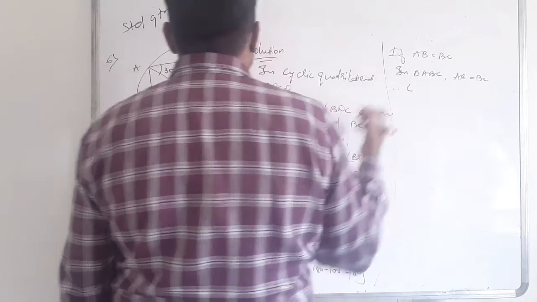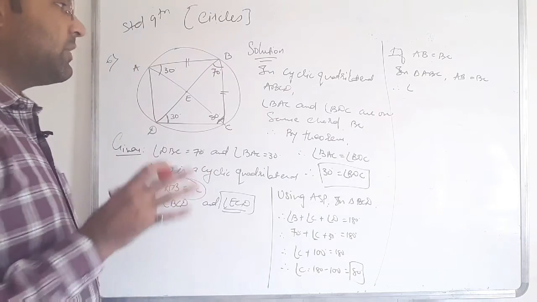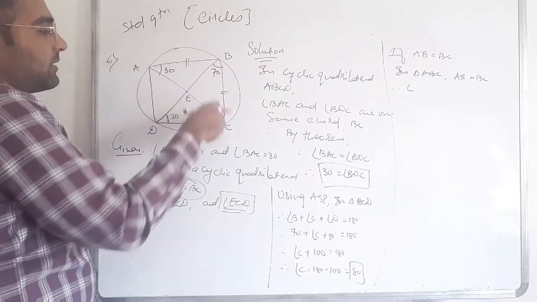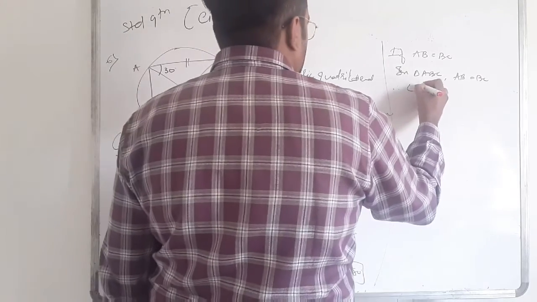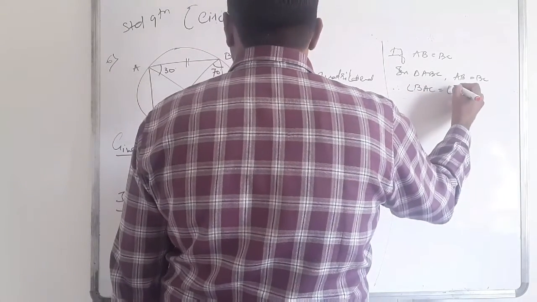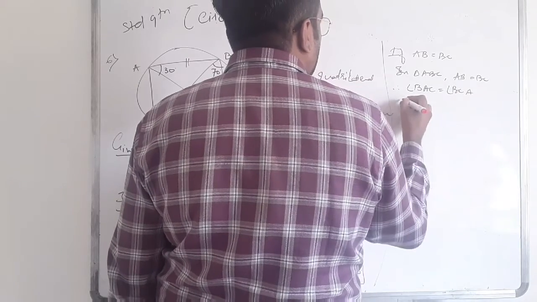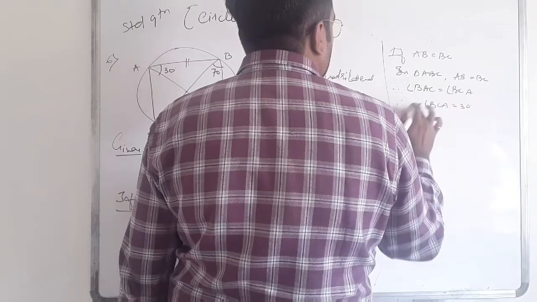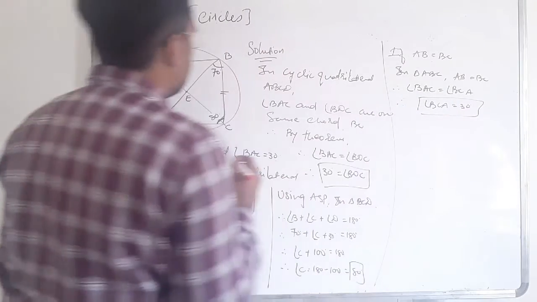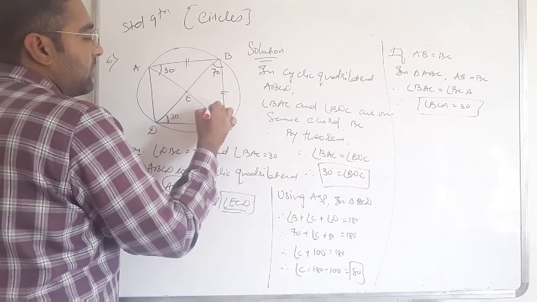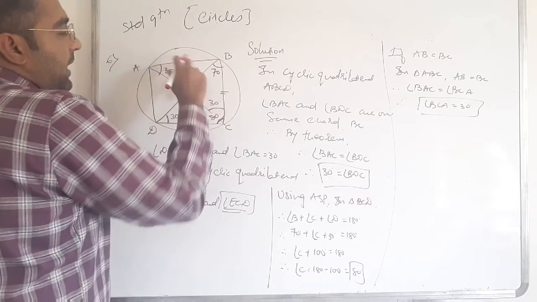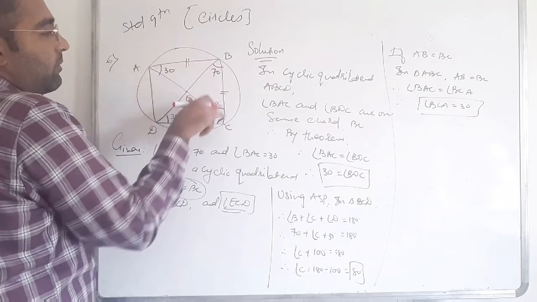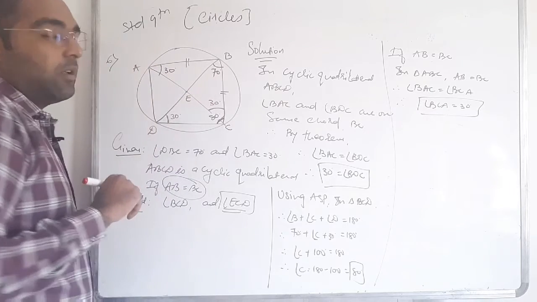Therefore, if sides are equal, then their opposite angles are also equal. That is, BAC is equal to BCA, both of them 30 degrees. So angle BCA equals 30 degrees. In an isosceles triangle, if two sides are equal, then their opposite angles are also equal. In triangle BCA, here it is 30, then here is also 30 degrees.